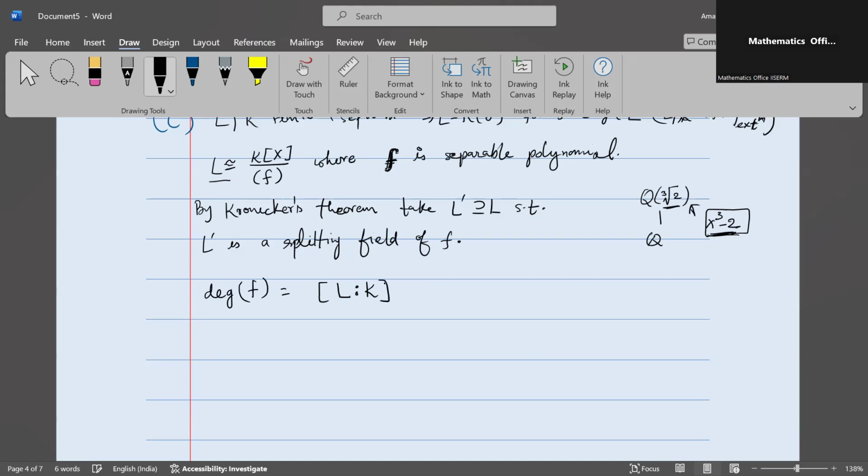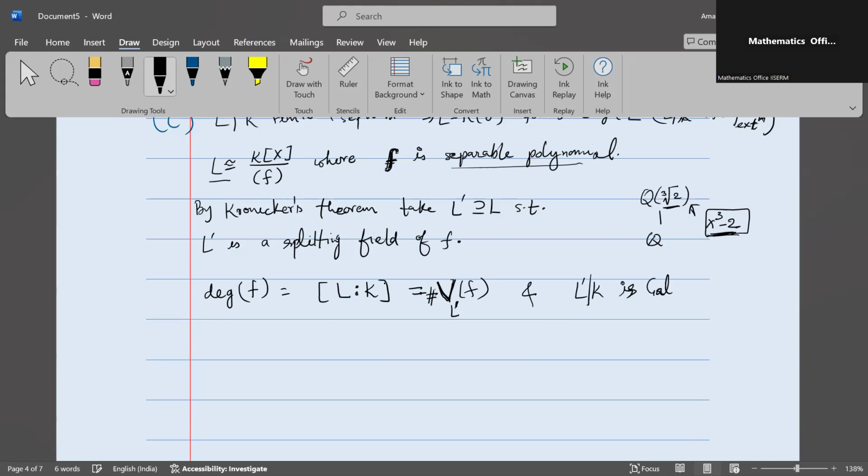Now this is just to point out, it will come soon. Because F is a separable polynomial, this is equal to the order of the zero set V of F inside L prime, where all the roots are lying, and L prime over K is a Galois extension.